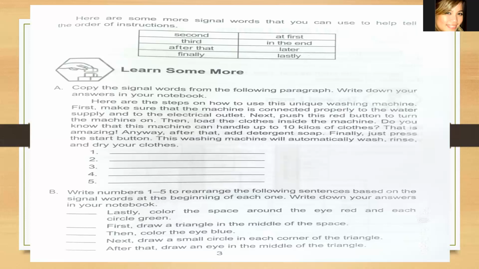Next, letter B. Write numbers 1 to 5 to rearrange the following sentences based on the signal words at the beginning of each one. Write down your answers in the answer sheet.